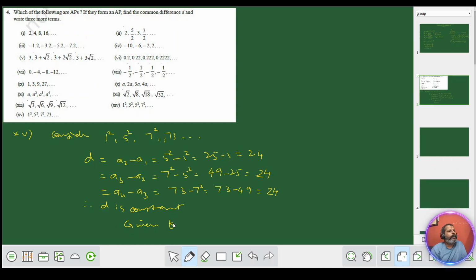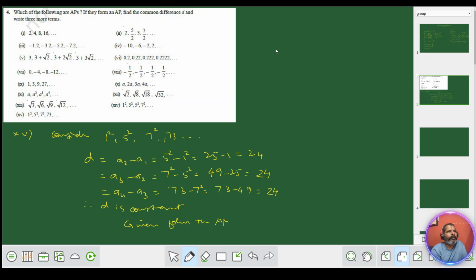Given forms the AP. Then you have to find the next 3 terms, right? 3 more terms, this is the question. Just add 73 plus 24 and to that answer you again add 24. Like that, 2 times you add, you get the next 3 terms.